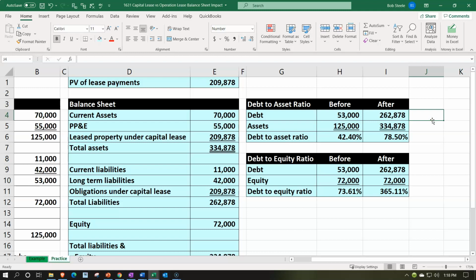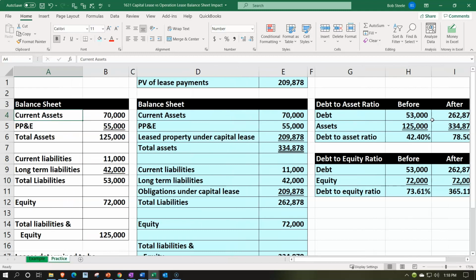The argument as to why it should be on the books as a capital lease and not simply a footnote would be, well, we want it to be as transparent as possible. We want to make sure that it's on the face of the financial statements and possibly make that more clear. So again, there are always debates as to what it should be in terms of the standards, how much reporting, or what the reporting should look like.